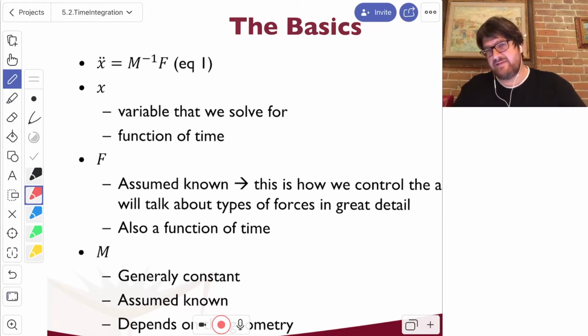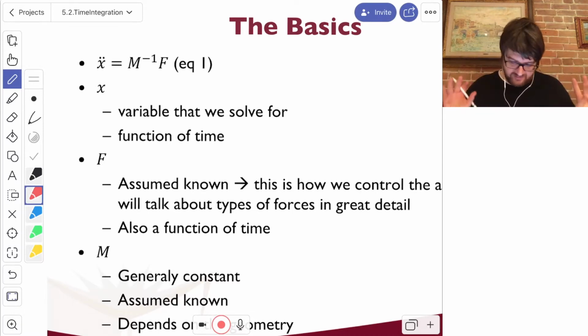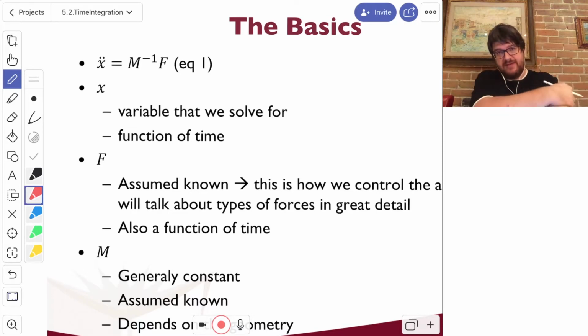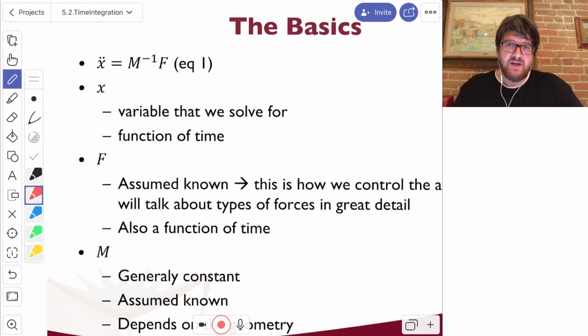So x can be represented as a vector or a matrix, but it's not just one point; it's a collection of points packed into one variable x. This is the variable we want to solve for. This x is actually not a value, it is a function. x is a function of time. So x is the position of my object as a function of time.